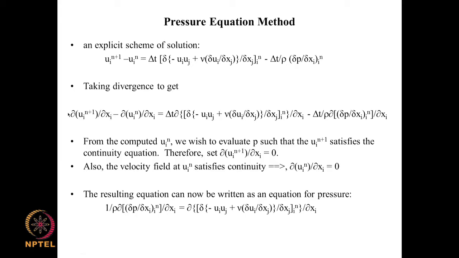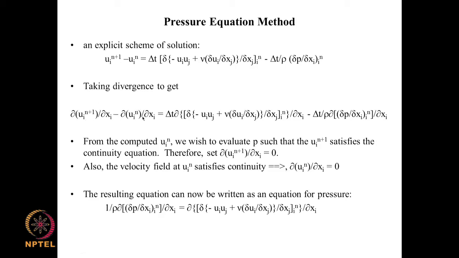So this term is 0, and we already have the previous time step value. The previous time step value must also satisfy the continuity equation. So dou by dou x_i of u_i^n must also be equal to 0. So when you look at this equation here, if you impose the condition that u_i^(n+1) must satisfy the continuity equation, then this is 0.